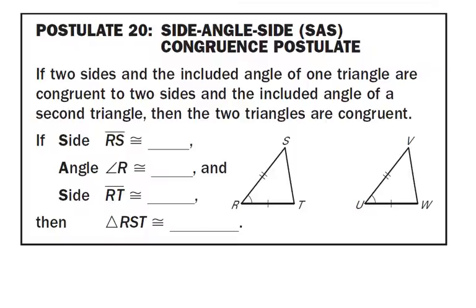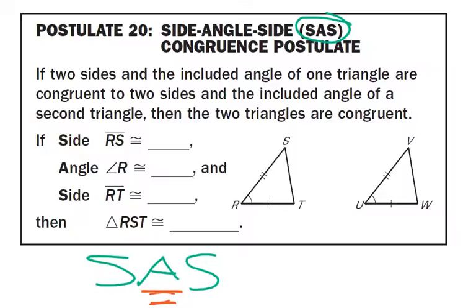Alright, so that brings us to our first congruence postulate for today, and this is the side angle side congruence postulate. Now, the order that those letters go in matters. When we say side angle side, we're saying that we have 2 sides of the triangle and the angle that is in between those 2 sides.